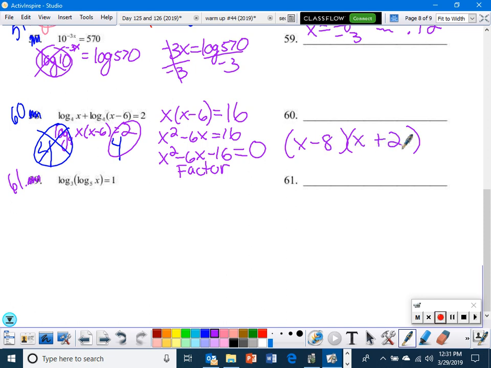So x minus 8 and x plus 2. All right, so we get 2 solutions. However, one of those solutions is extraneous. If you would check them, we would find out that the negative is extraneous.